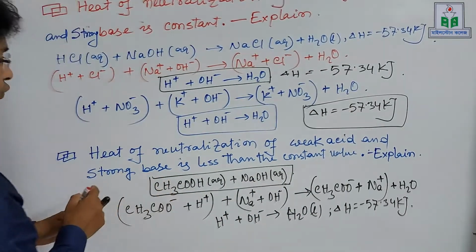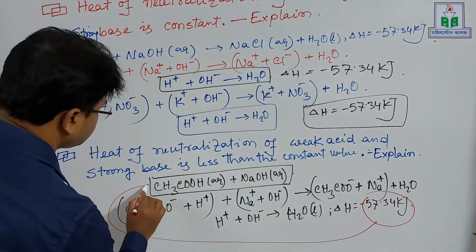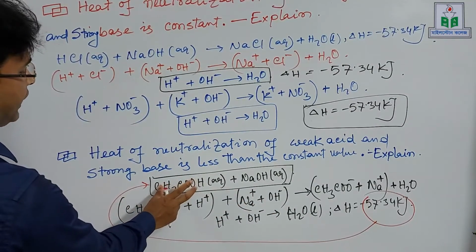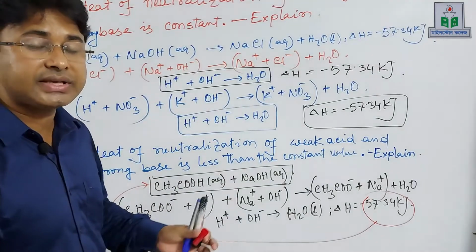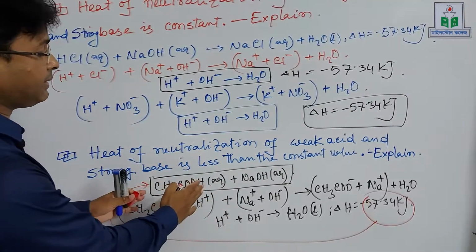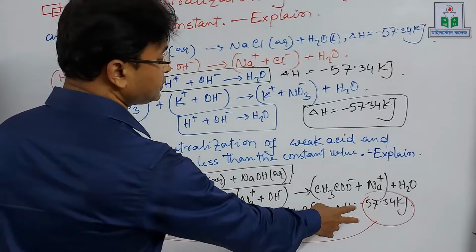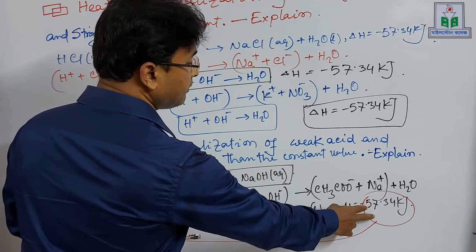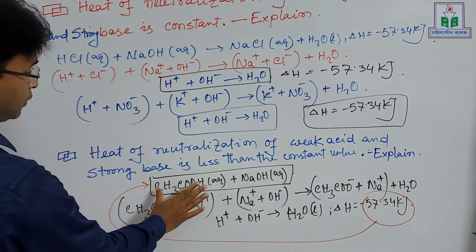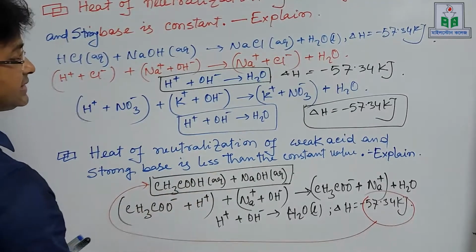as ethanoic acid is a weak acid, 2.2 kilojoule heat is used for breaking the unionized ethanoic acid. As ethanoic acid is a weak acid, you know that a big amount of ethanoic acid will not ionize. That's why 2.2 kilojoule heat of the minus 57.34 kilojoule heat is used to ionize the ethanoic acid again.